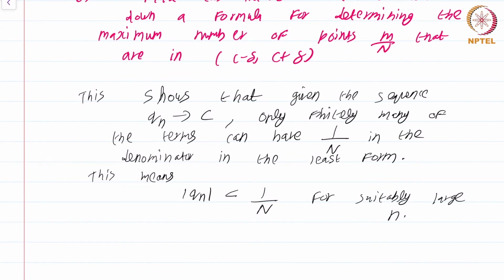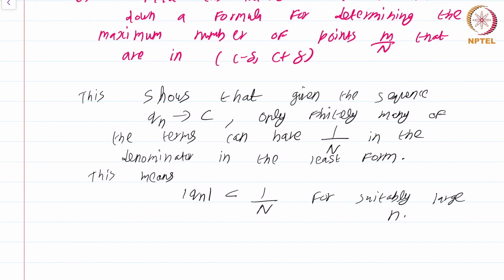If you choose a small enough neighborhood around this point C, then none of those rational numbers can be in this small enough neighborhood. Then what happens is, if Qn is suitably large, then the Qn's are all going to be in this small neighborhood around this point C. Then none of them can have the denominator of the form capital N, capital N minus 1, and so on down to 1. That means the denominator has to be greater than N.